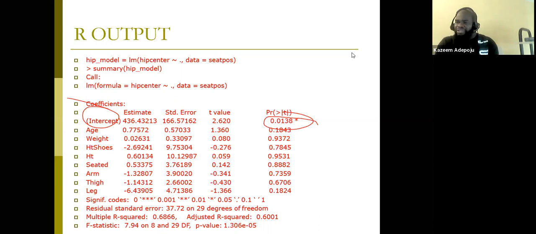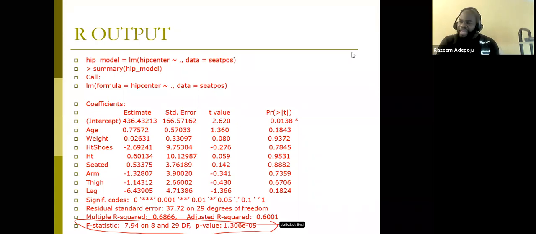But take a look at this. From your expectation, you expect that at least one of these predictors should be significant. But based on what I'm seeing right now, none of them is significant. And there's another thing I want you to see. The p-value associated with the F test is telling us everything is fine, because the p-value here is less than 0.05.